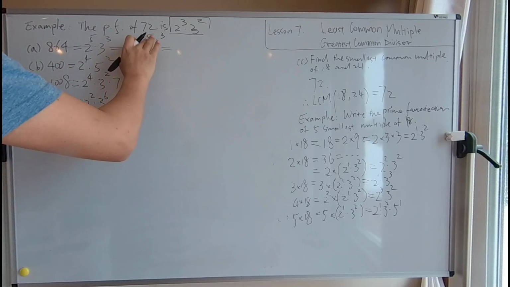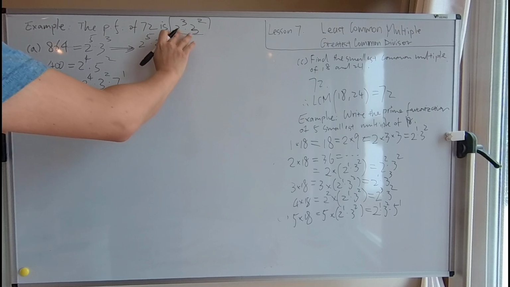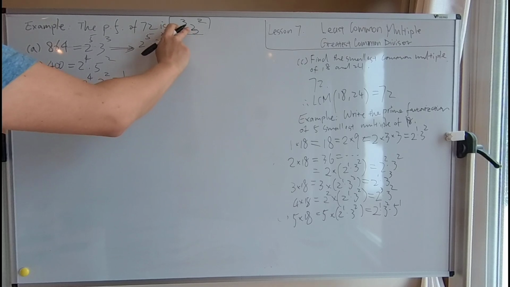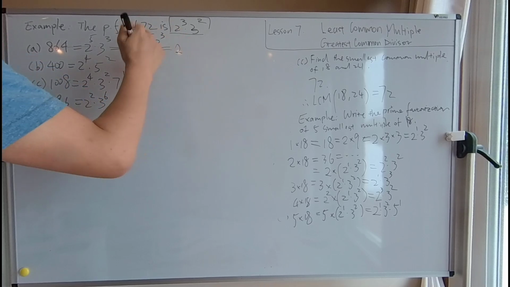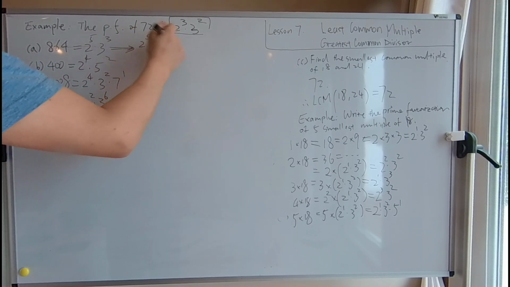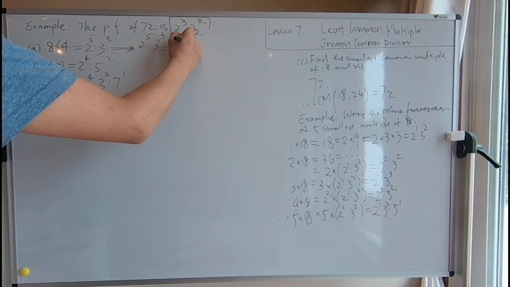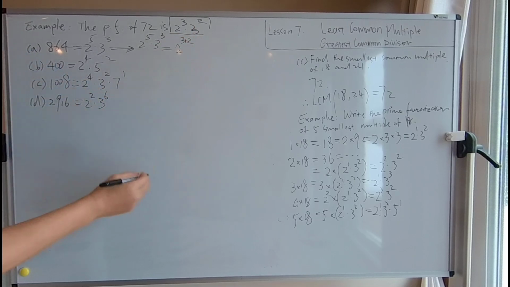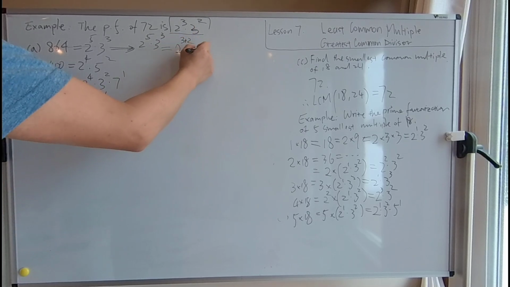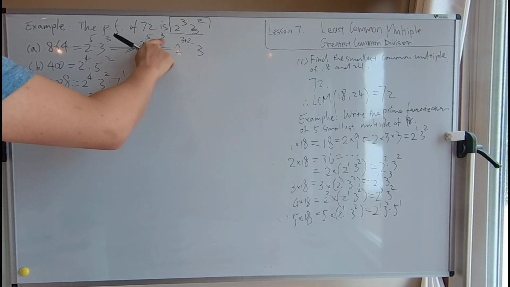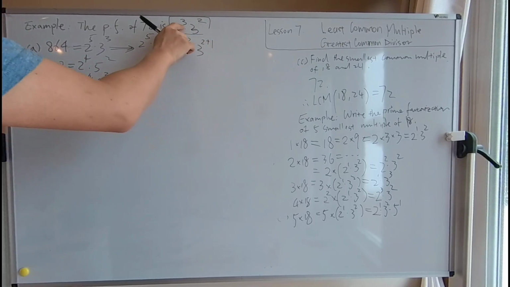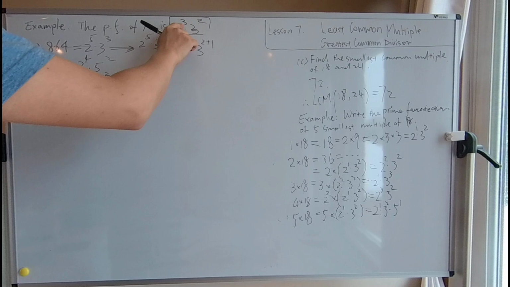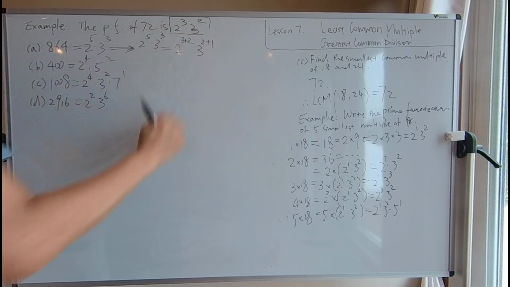We can write this apart because my target is to check whether I have 2 cubed and 3 squared. So 2 to the 5th power can be written with the power 5 as 3 plus 2, and the power of 3 on the 3 can be written as 2 plus 1, because I'm trying to create something similar to the known condition, the target number that I want to check.